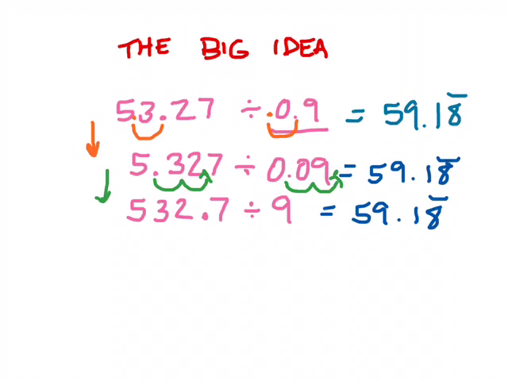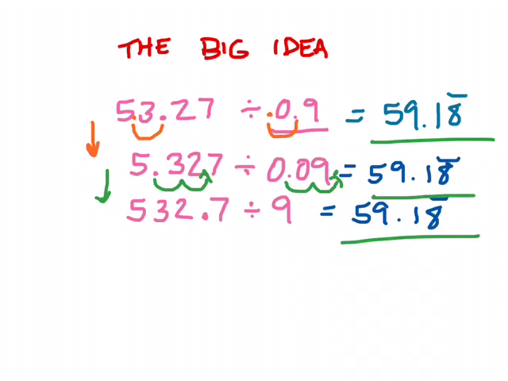And this is kind of the root of the idea. If we do the same thing to both our dividend and our divisor, it doesn't change the answer that we end up with. No matter how much we moved our decimal in these three problems, whether it was a bigger decimal or a smaller decimal, we ended up with the exact same answer, provided we did the same thing in both the dividend and the divisor.